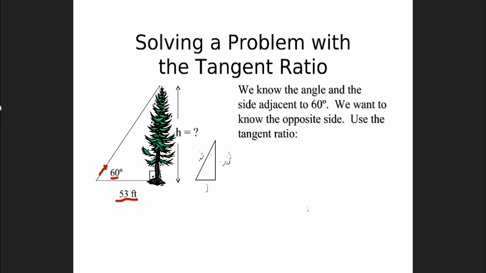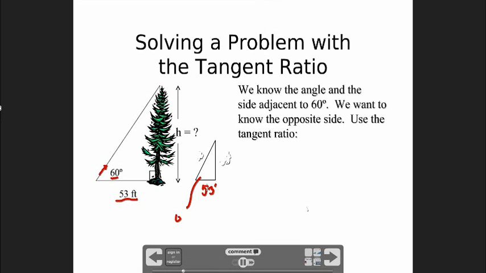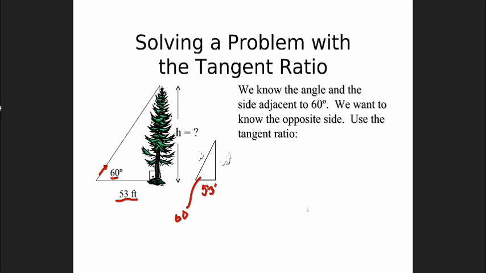Let's take this triangle over here, and let's write that we have 53 over here. Okay, we got 60 over here. I'm going to put the 60 down here because it's kind of a small triangle. That's our angle, 60. And that's all we know. Well, that's not quite all we know.